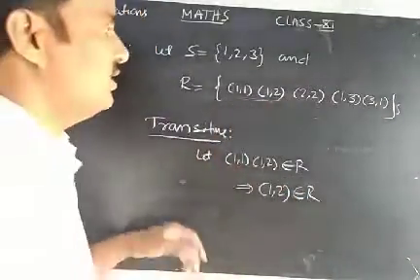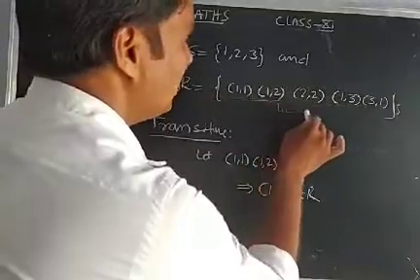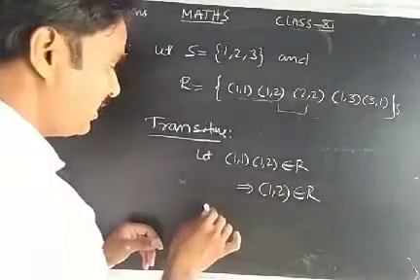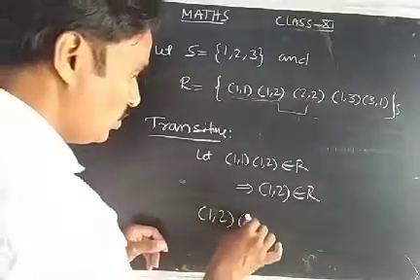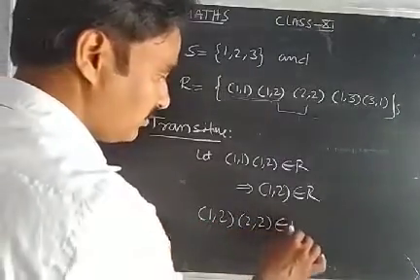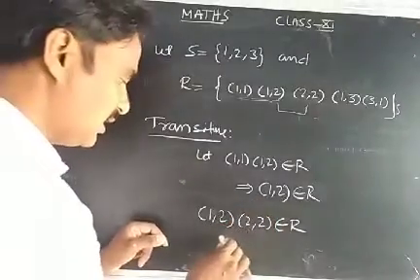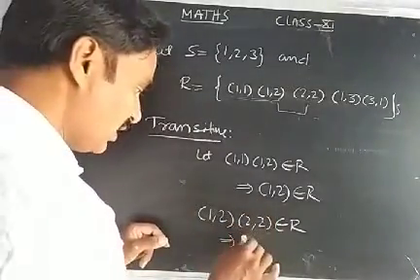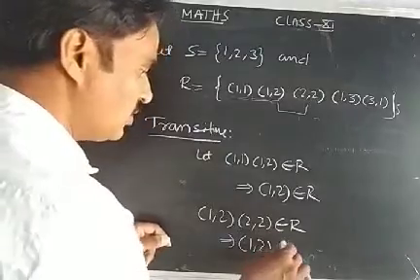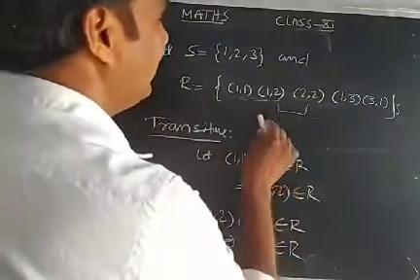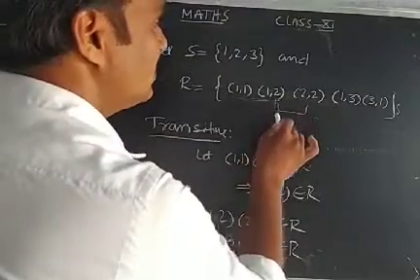This satisfies the transitive condition. Next, shall I take these two ordered pairs? Yes, second element and first element are equal. Again, I am taking 1 comma 2 and 2 comma 2, which belong to R. Again, remove the second element of the first pair and the first element of the second pair and construct the new ordered pair 1 comma 2. Does 1 comma 2 belong to R? Yes, again it belongs to R. Next, can I take this one and this one?